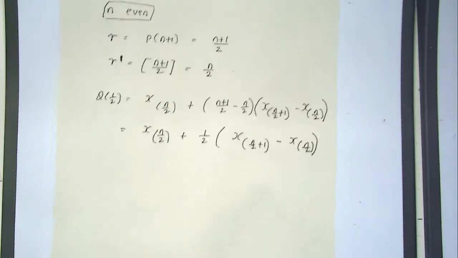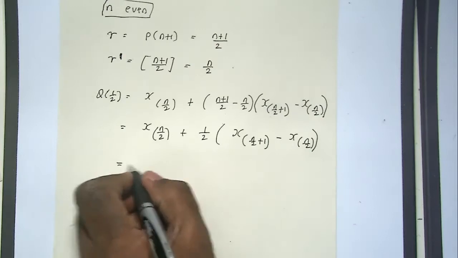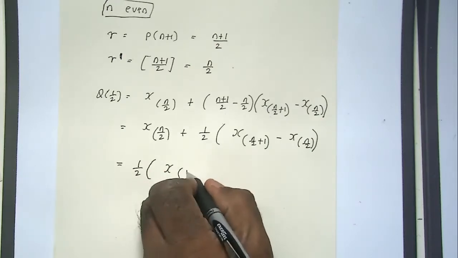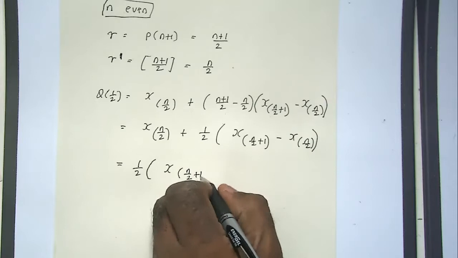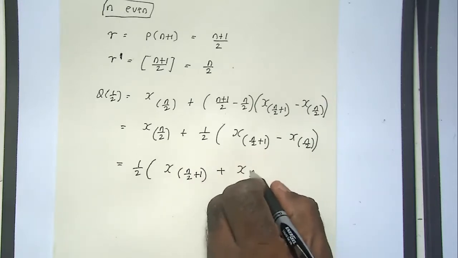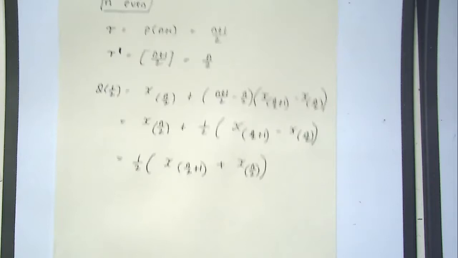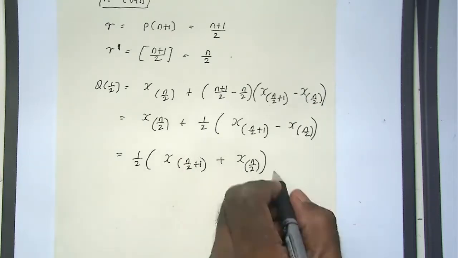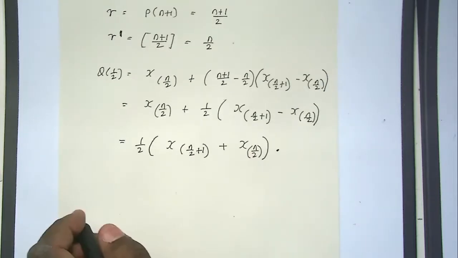And you can simplify this to get half of x sub n over 2 plus x sub n over 2 plus 1. It should be curly brackets, not square brackets. I made a mistake. Right, that's for n even.